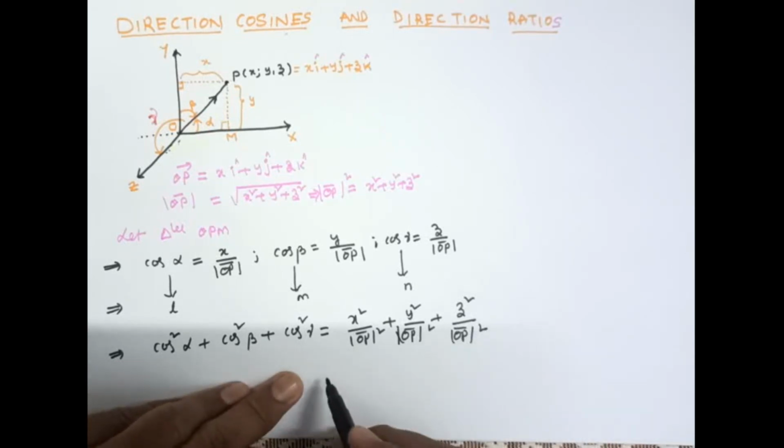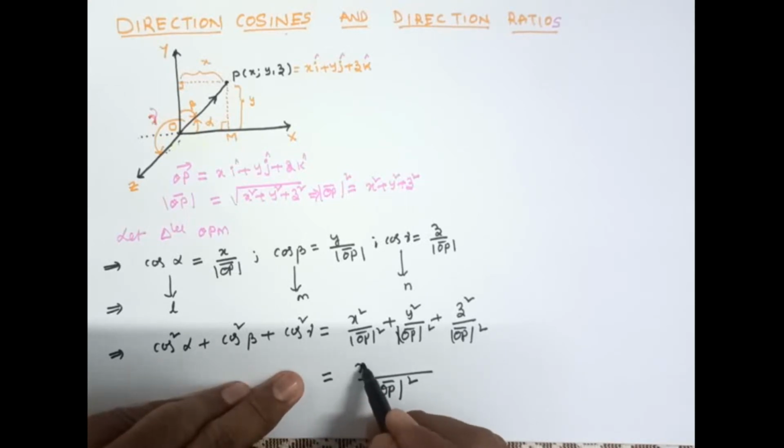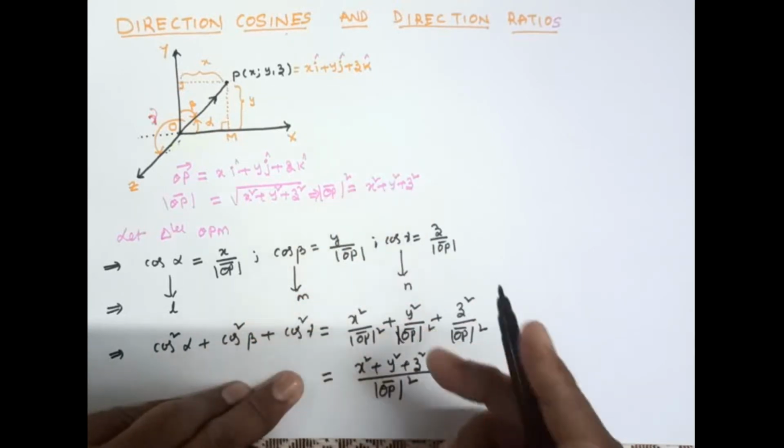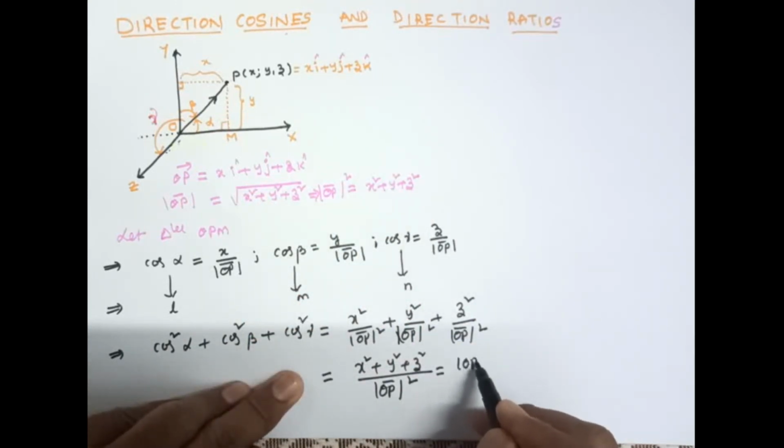The LCM is mod OP square, so it is x square plus y square plus z square over mod OP square. We already obtained that x square plus y square plus z square is mod OP square, so mod OP square by mod OP square cancels, and that is equal to 1.